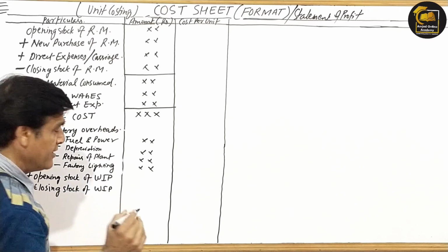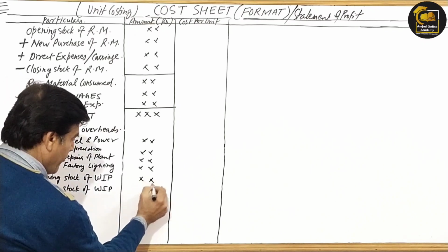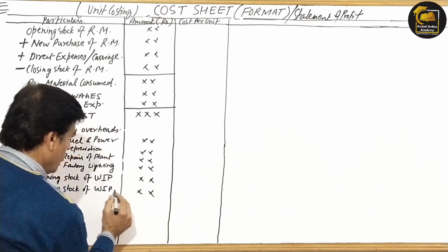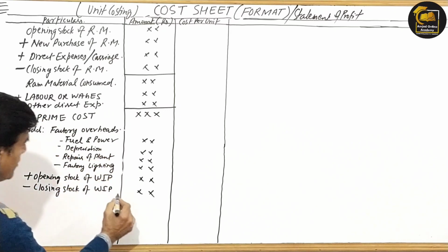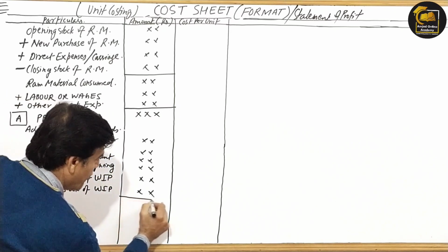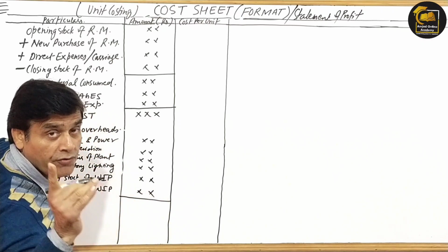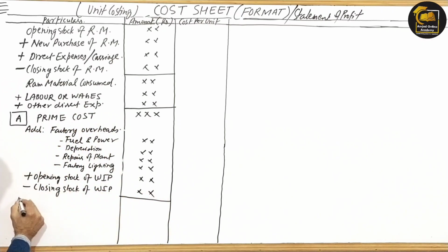So WIP stands here for work in progress. Look, I will tell you just now. Once you have adjusted this WIP here, this will be equal to the second primary head of the cost sheet. This is the B head you have calculated here, that is known as factory cost.